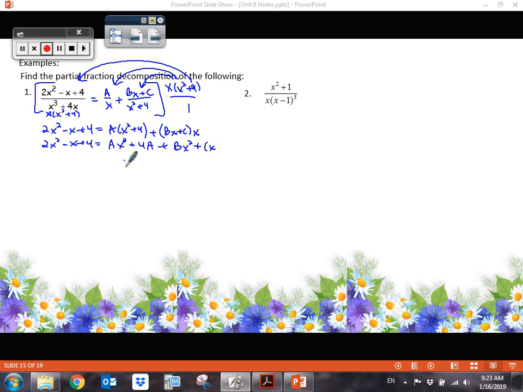So, in other words, I'm going to set up a system of equations that I'm going to solve to find a, b, and c. That's what we do. So I have this x squared, I'm going to take the 2 and make it equal to, and then I need to pull out the coefficients of the x squareds over here. This coefficient of x squared is a plus this coefficient is b.